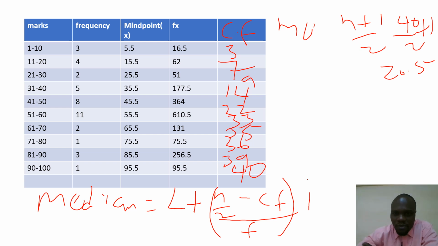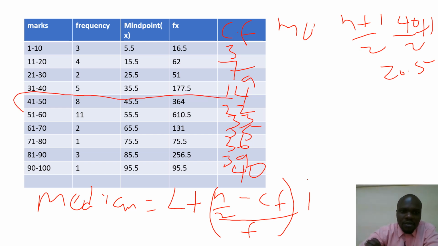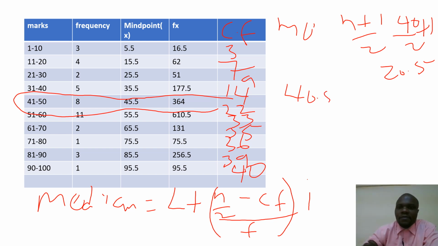So 20.5 is in between. So we locate this one to be our median class. That one to be our median class. So we take the lower limit for that, which is 40.5.